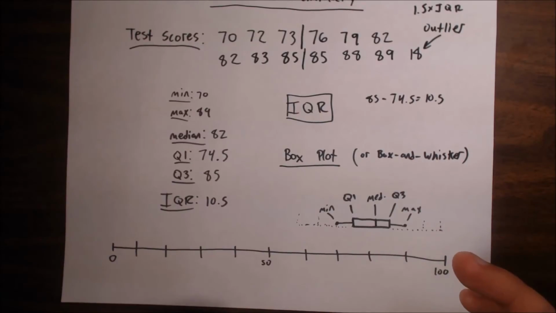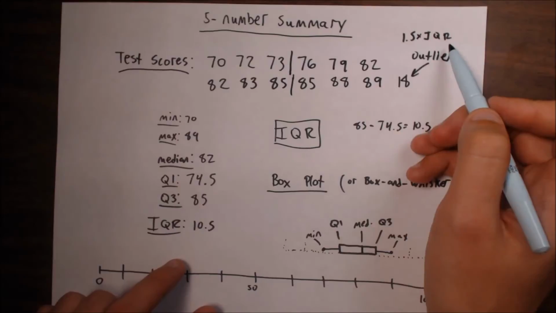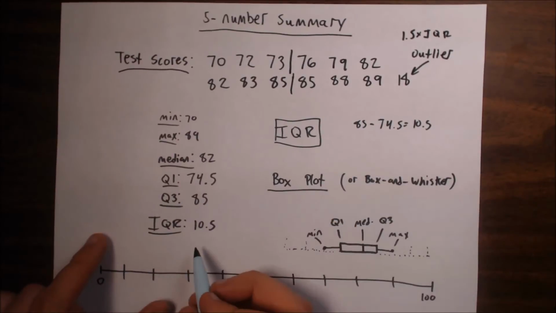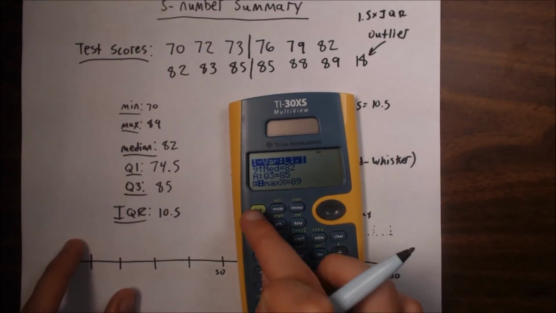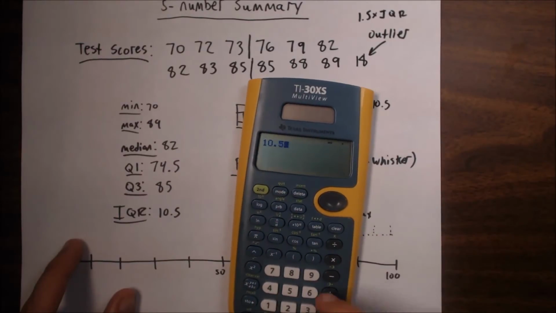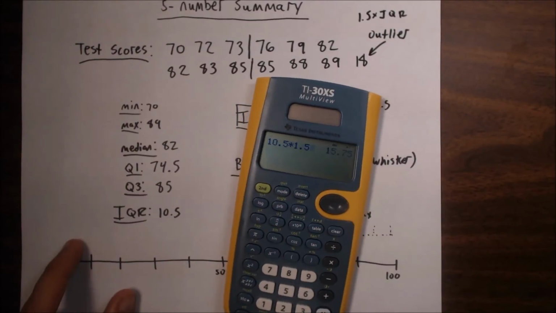Mathematically speaking, we can do this. 1.5 times the IQR, that's 10.5 times 1.5, which is 15.75.